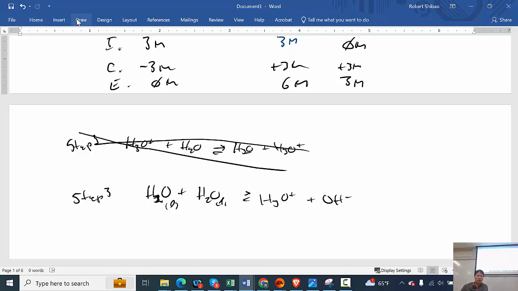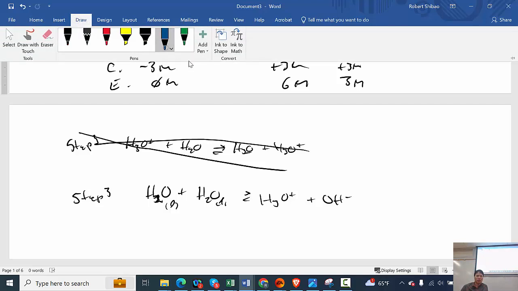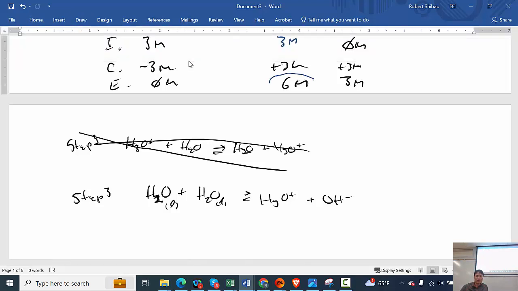Now, do you think, well, what I have to do is, I have 6 molar hydronium. So I'm going to carry that down here, and so I'm starting off with 6 molar. Do you think I'm going to add any significant amount of hydronium? Will this change the pH at all? Not at all, right?